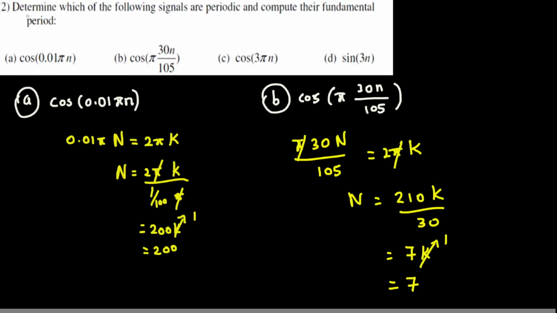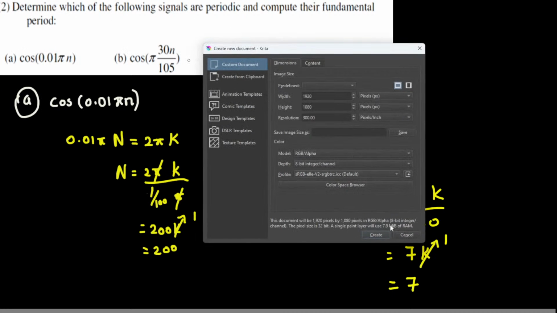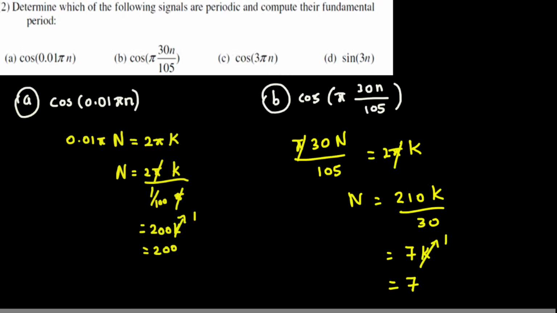Let's look at the C part of this. In the C part, we have cos 3πn.